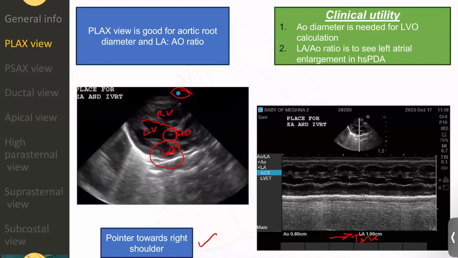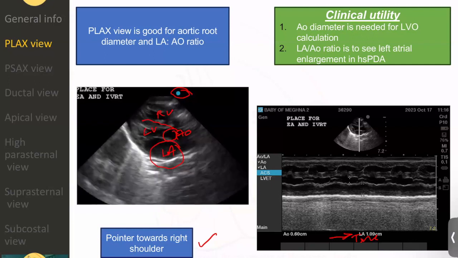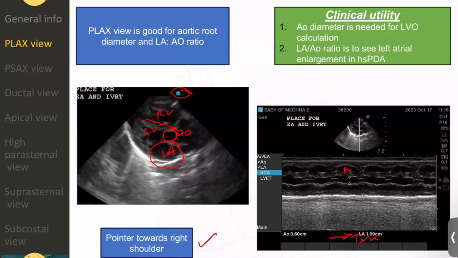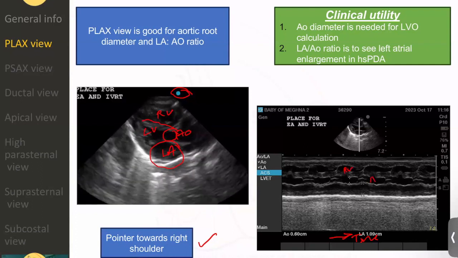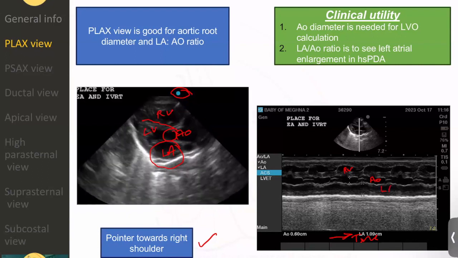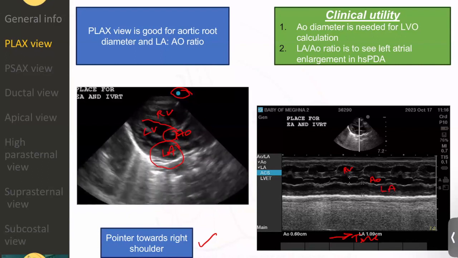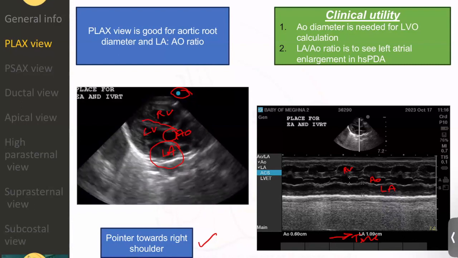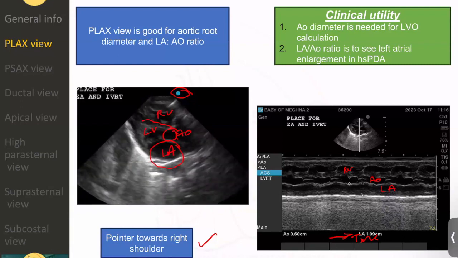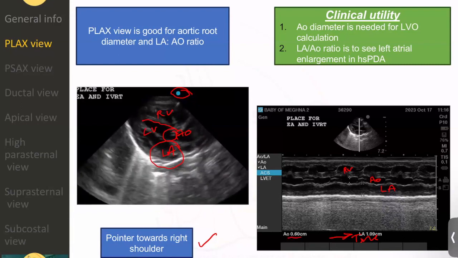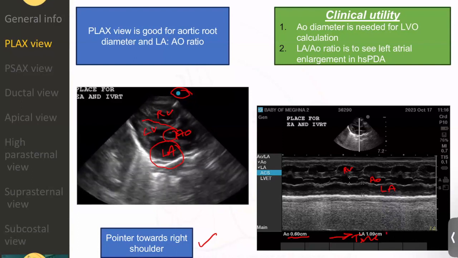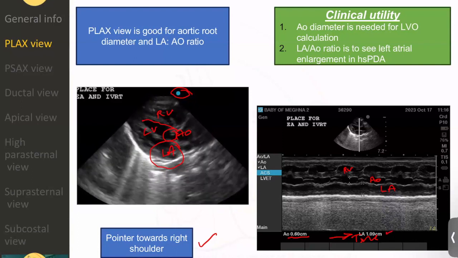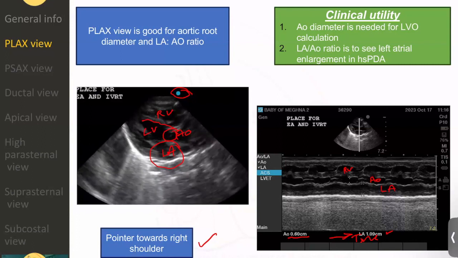The anterior most chamber is the RV, then you see the second one as the aorta and the third one as the LA. When you calculate the size, in this case the aortic root diameter was 0.6 and LA was 1.09. So it was almost double, 1.8 times the aorta. This is the ratio.